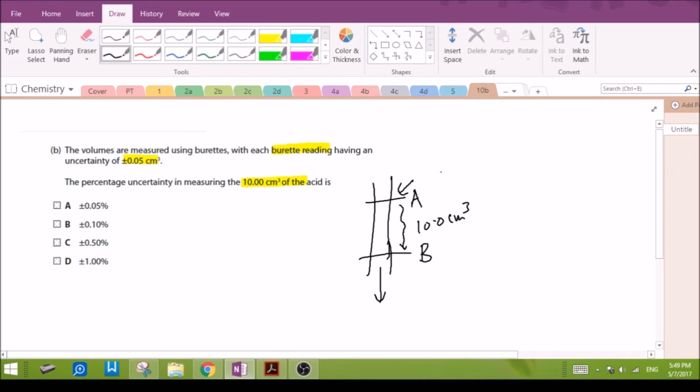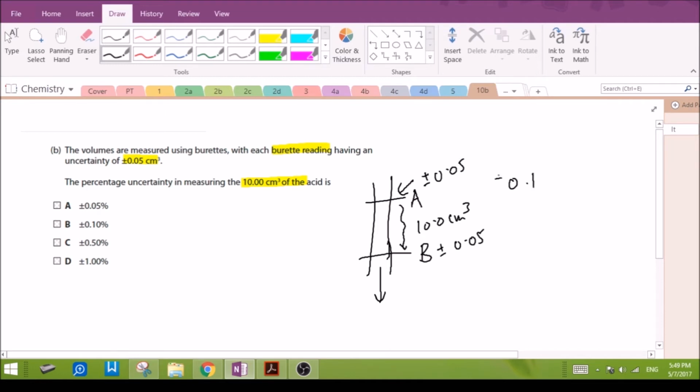So the first reading has an uncertainty of 0.05. The second reading has an uncertainty of 0.05. Right, taking the difference, we will get the volume. But to find the uncertainty, we have to actually add up the uncertainty for the two times. So the overall uncertainty to get the final reading is 0.05 plus 0.05.